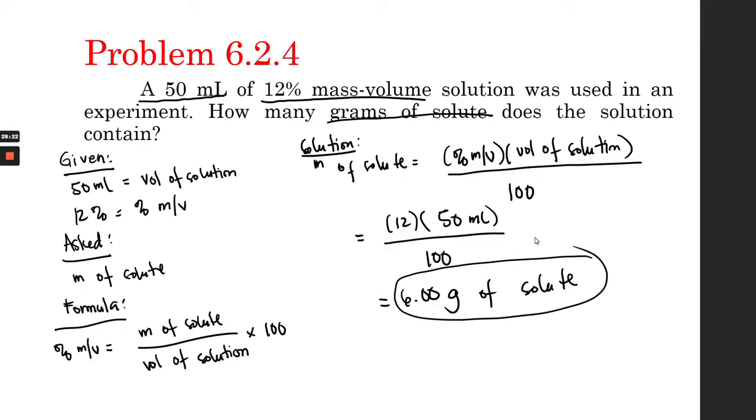Okay, so that is how we solve a mass volume equation. Again, the mass is solute, that's the difference, and volume is the solution. It's basically a mixture of percent by mass and percent by volume. Okay, so I hope that's clear.